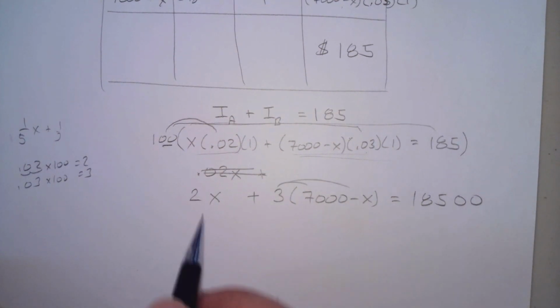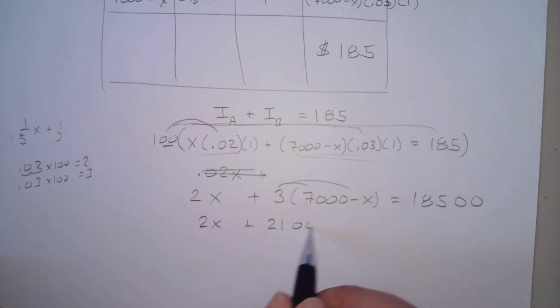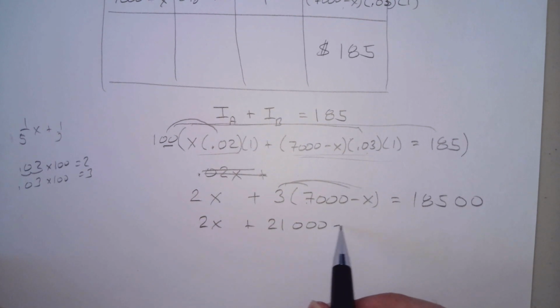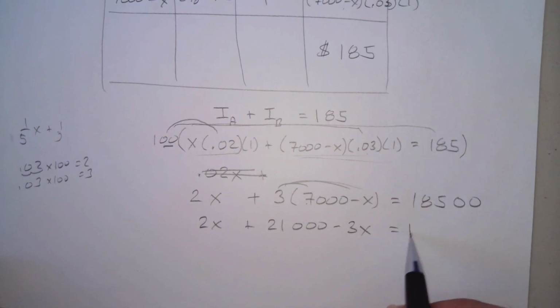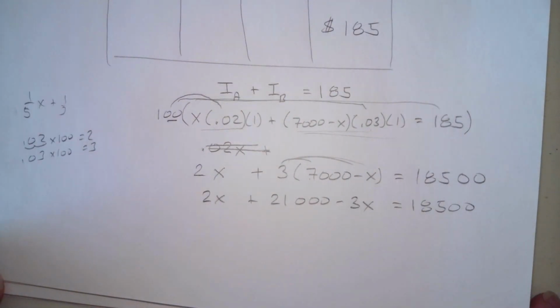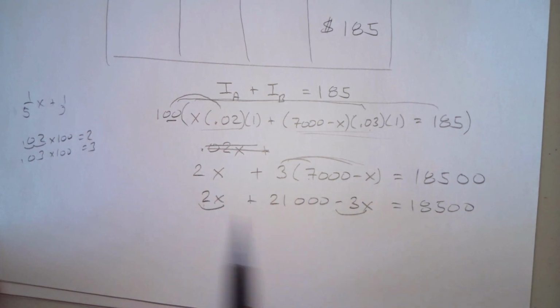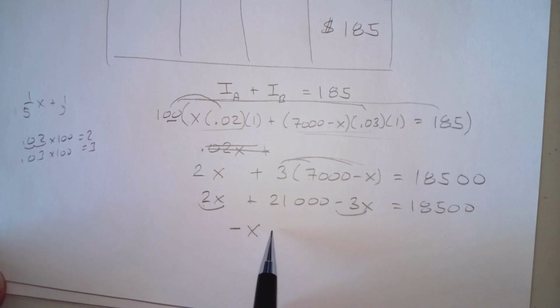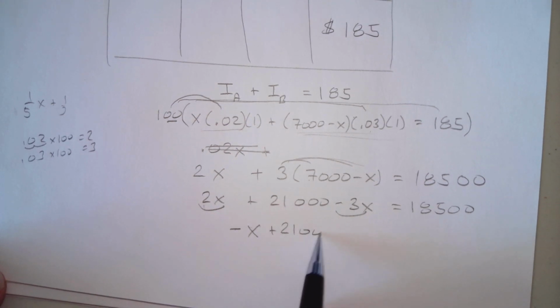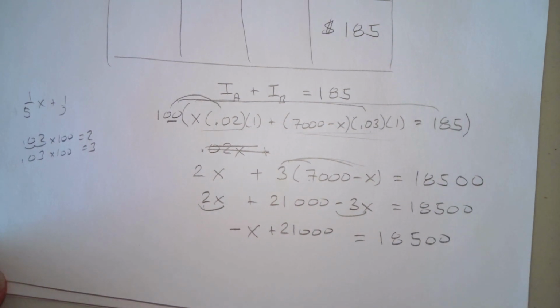Get rid of the parentheses next. 3 times 7 is 21 with 3 zeros, minus 3x equals 18,500. Get rid of parentheses, combine like terms. 2x minus 3x, 3 is bigger than 2, so it's negative. 3 minus 2 is 1, so it's negative x. Plus 21,000 equals 18,500.